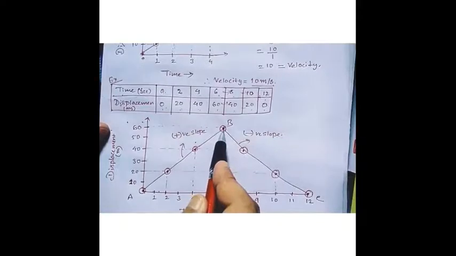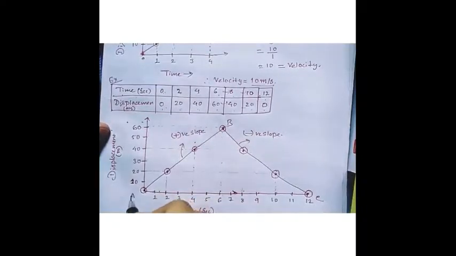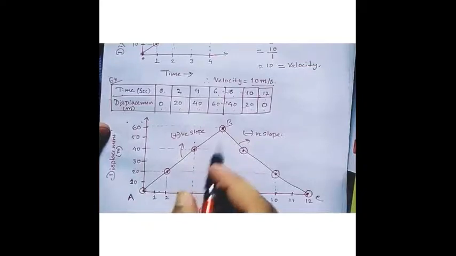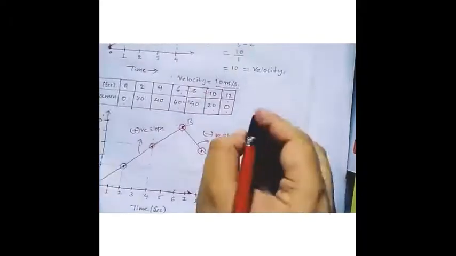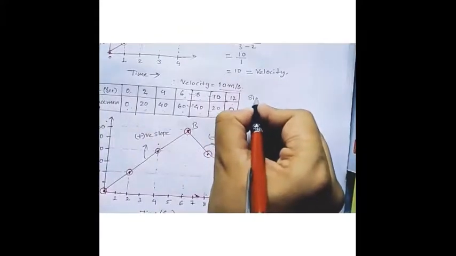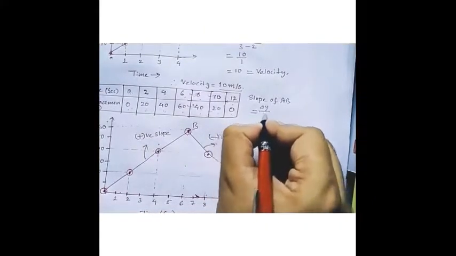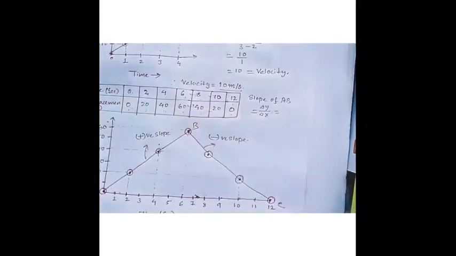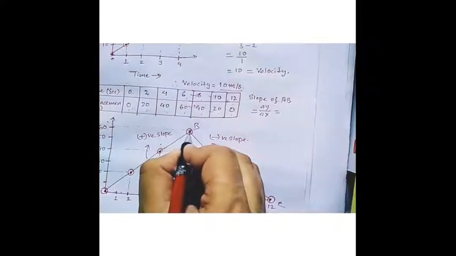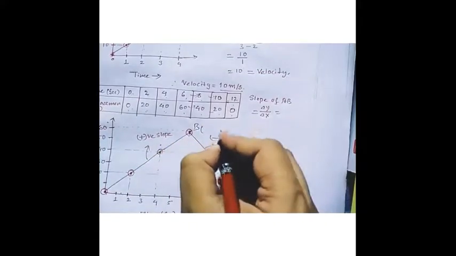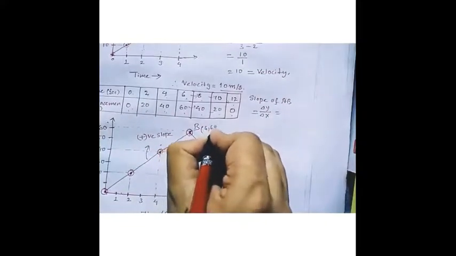So from these 2 points I will calculate the slope. Slope of AB is del y by del x. Here del y is, look, here the displacement is 60, and the coordinate of this point is 6, 60, and here it is 0.